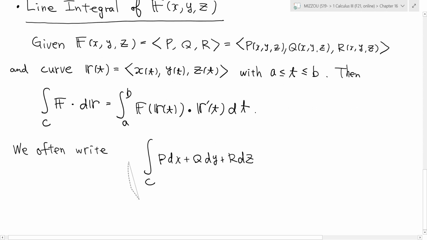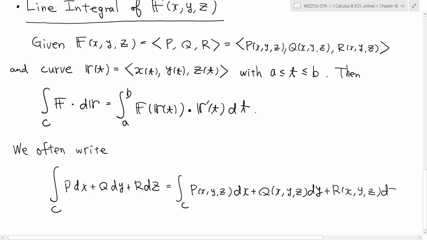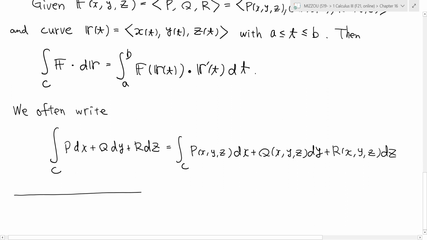To be more precise, P, Q, R are functions of x, y, z, so this is written as P of x, y, z dx plus Q of x, y, z dy plus R of x, y, z dz. Okay, then using this, let's work out an example.